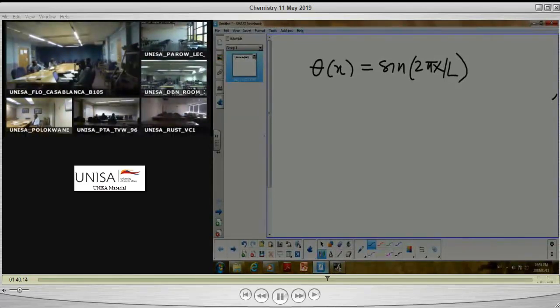So let's talk about this. This is called the zeroth moment, or the normalization condition. Zeroth moment of probability.